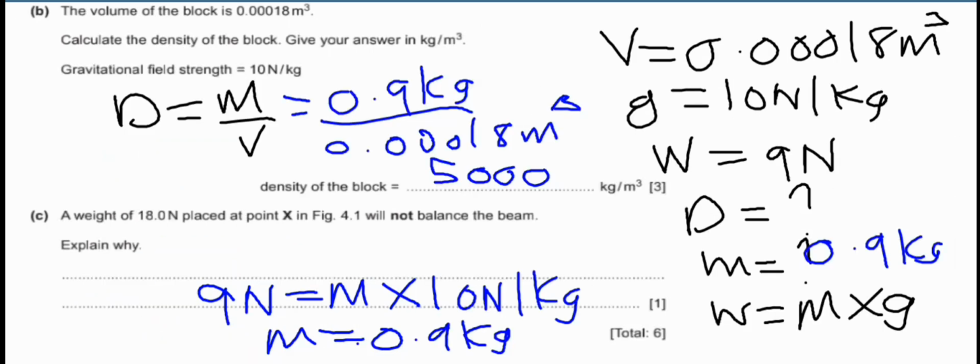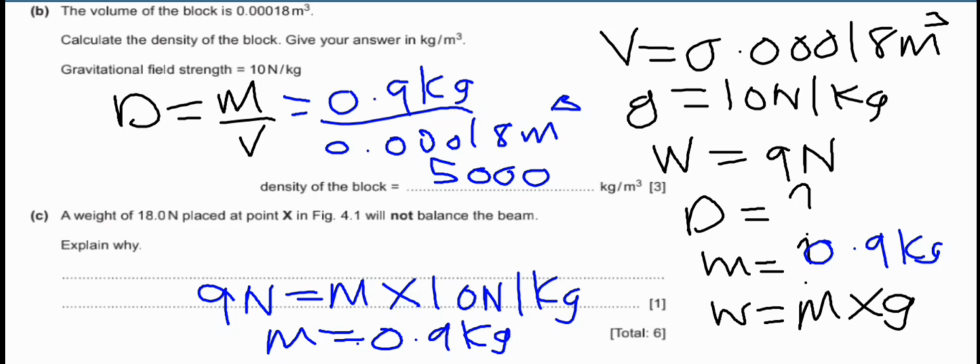Now let's see the question. The question is saying a weight of 18 newtons placed at point X in figure 4.1 will not balance the beam. Then we need to explain why. Of course, it is balancing when we do the computation. Now we need to explain why when 18 newtons is placed at point X it is not going to balance the beam.